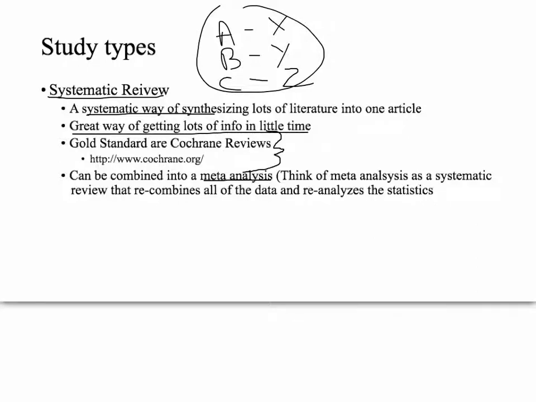So, in short, you can think of a meta-analysis as a systematic review that combines all of the data and reanalyzes all of the statistics. But it's slightly different than a systematic review in that we're not describing that paper A found this, paper B found that, paper C found this.